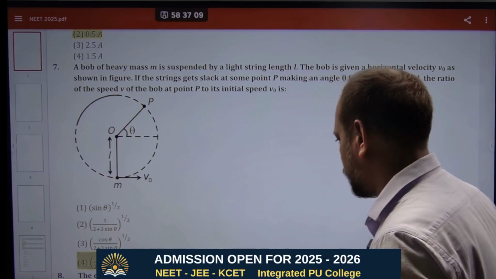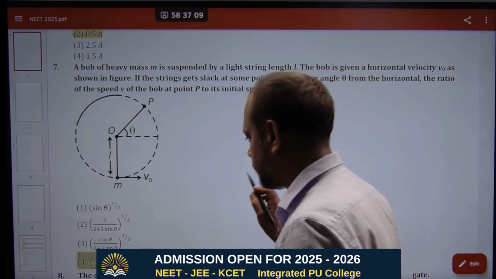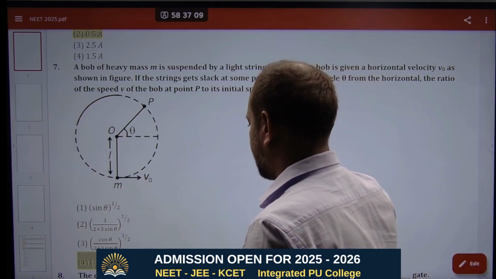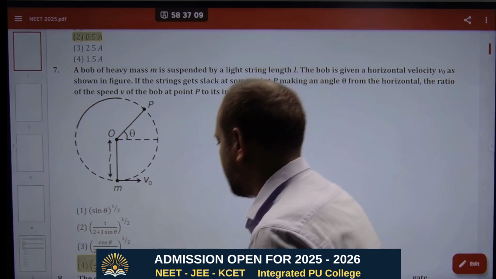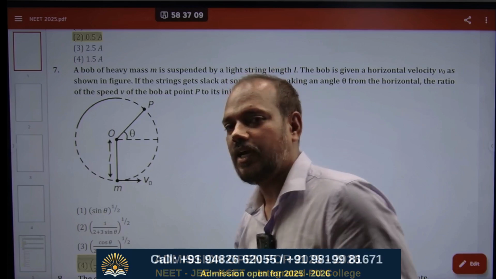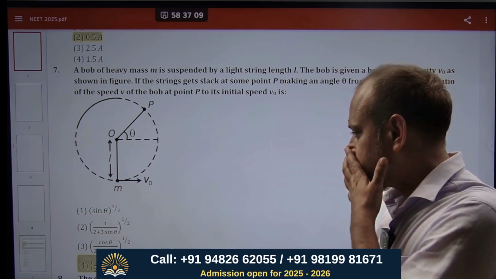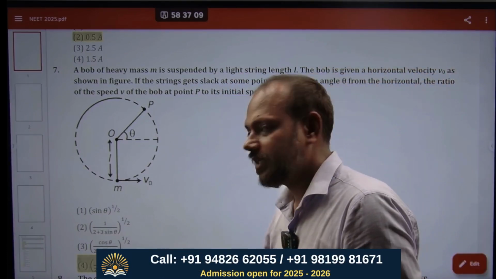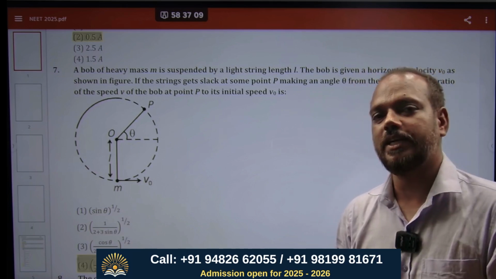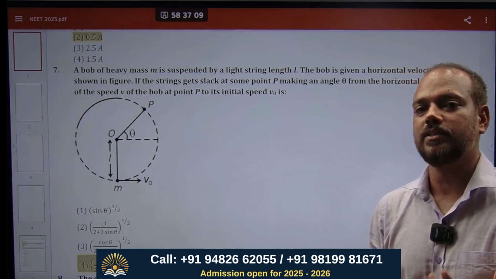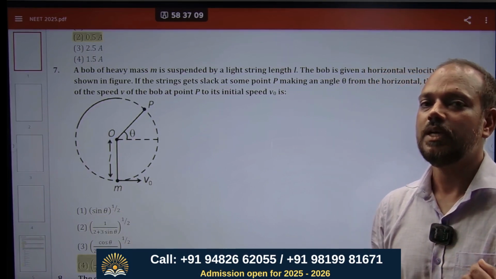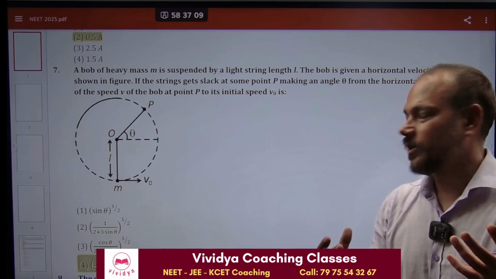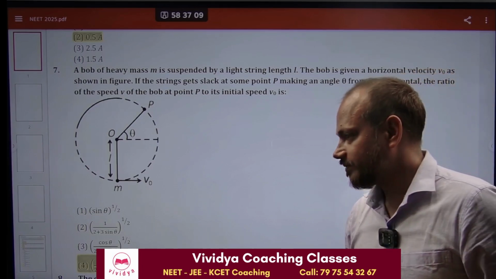What is the ratio we got? We got (2 plus 3 sin theta) divided by sin theta, and we have got the ratio as a square, so the answer will come as 4. All right, so that is related to vertical circular motion, and the circular motion is breaking because of not having sufficient speed or not having sufficient kinetic energy.